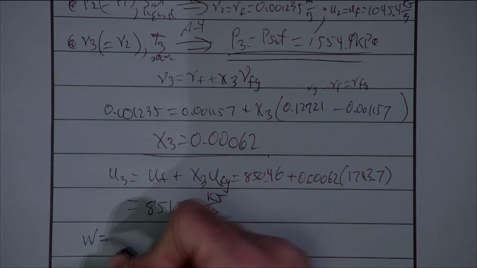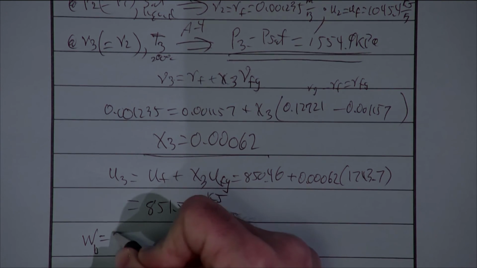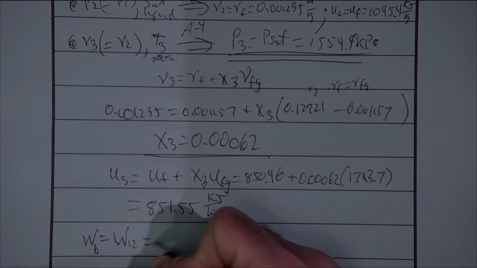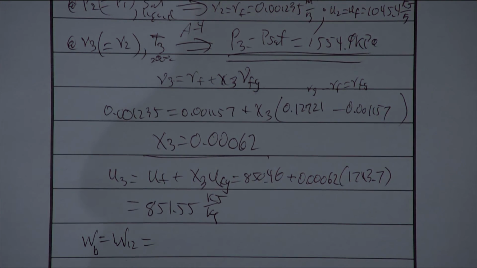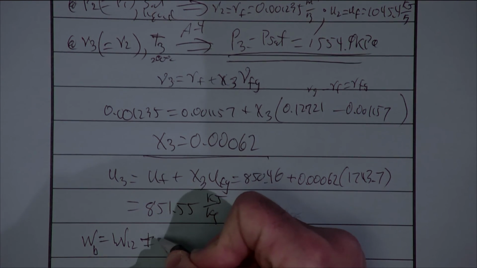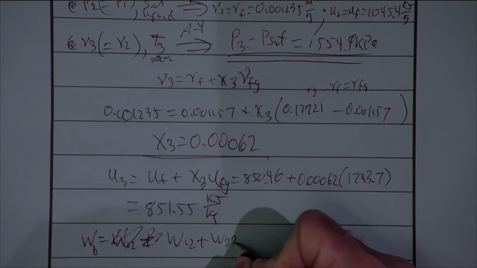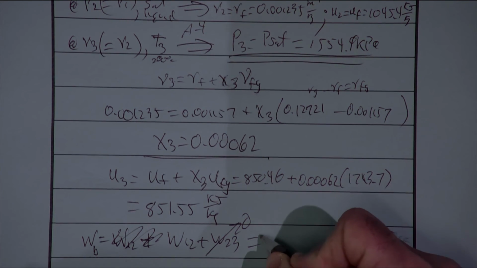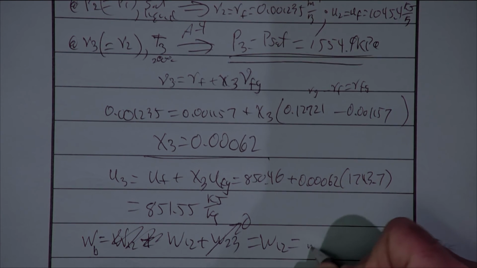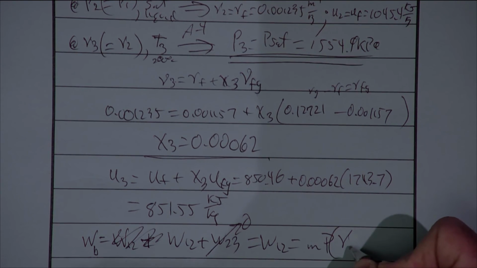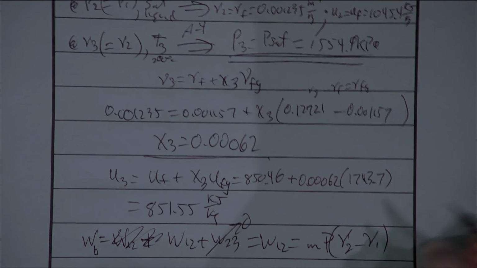It's just our boundary work from 1 to 2. Technically, it's the work from 1 to 2 plus the work 2 to 3, but there is no work from 2 to 3 because it's constant volume, right? So maybe I'll just write that. Boundary work is work 1, 2 plus work 2, 3, but that's equal to 0. So that's work 1, 2, which is mass times pressure times V2 minus V1.